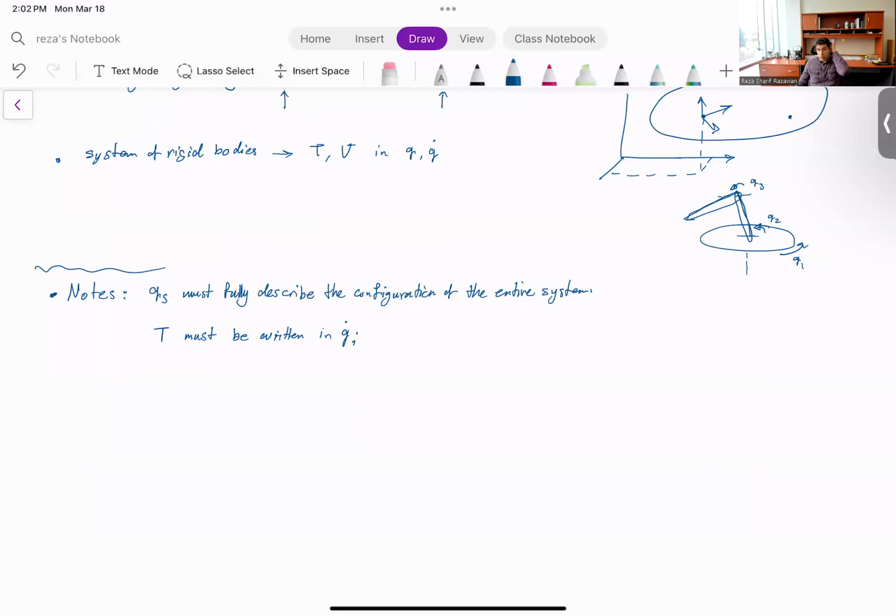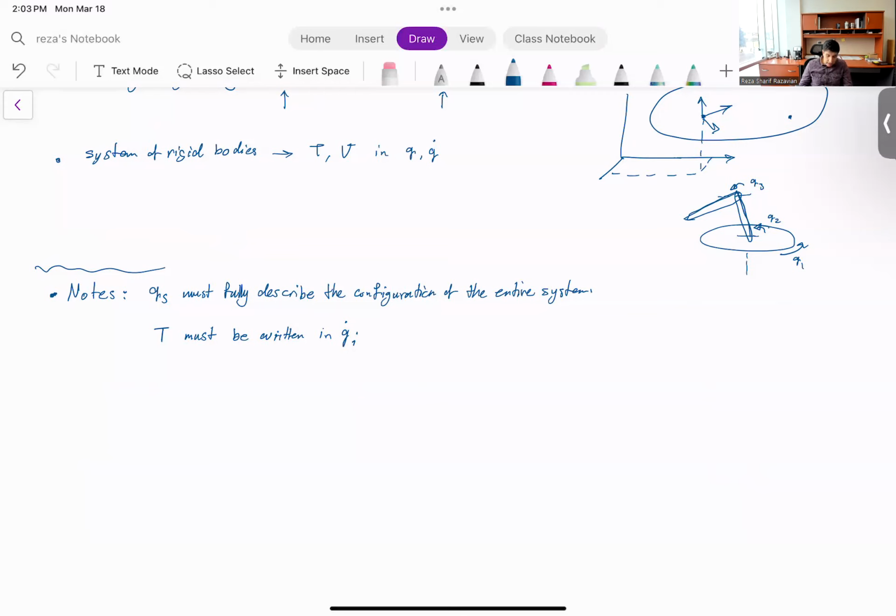So this one may or may not seem obvious, but for instance, let me show you what we have done so far and why it is not super obvious at times.